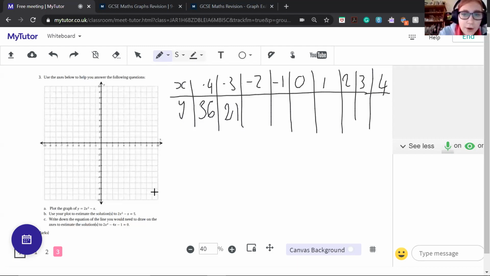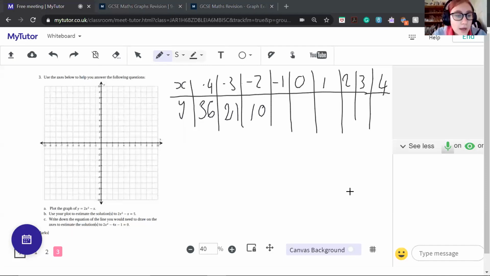So this one we can plot: minus 2, 10. Minus 1 squared is 1, times 2 is 2, minus 1 is 3. Do let me know, whoever it was who asked to do this, if I'm not explaining it right.